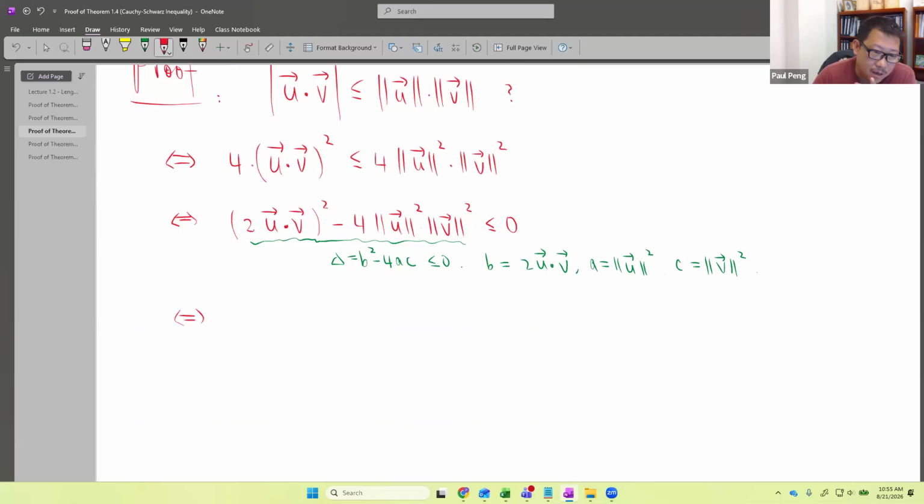So let's make a quadratic function: a x squared plus b x plus c, where b is 2 u dot v. This is a number, whatever, x.